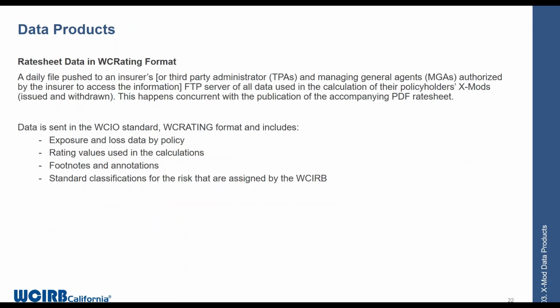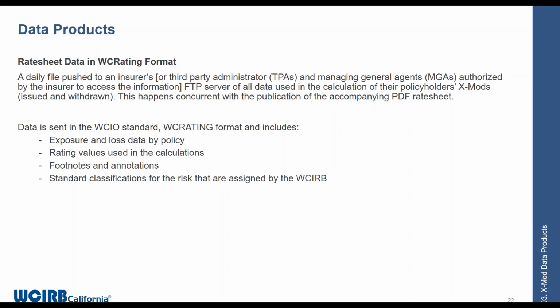We also offer rate sheet data in WC rating format. This is a daily file that is pushed to insurers that includes all of the data included within that rate sheet PDF.